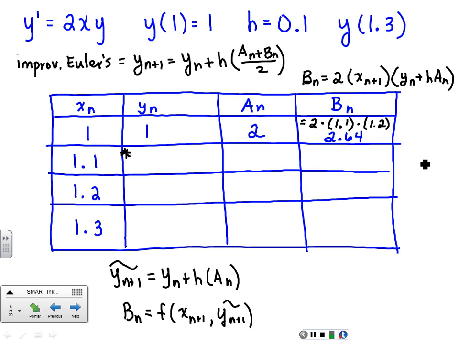Tell me what y'all got on your first one. That's what I got, 1.232, going by this formula right here.